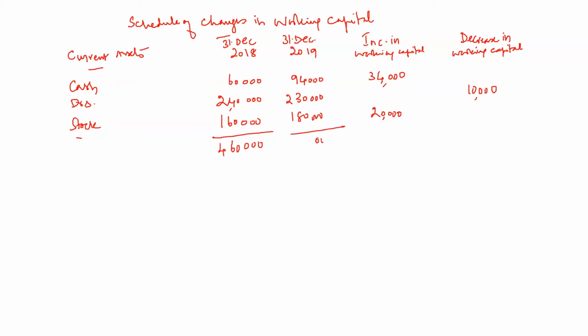Here 5,04,000. This is nothing but total current assets less current liability.